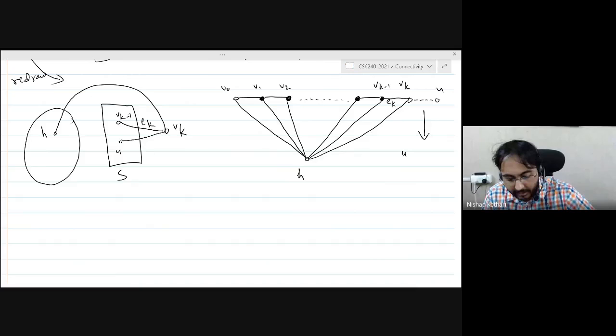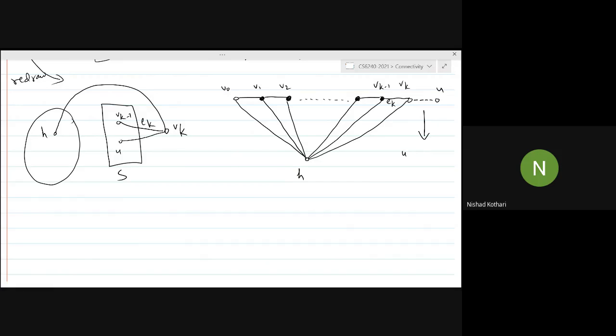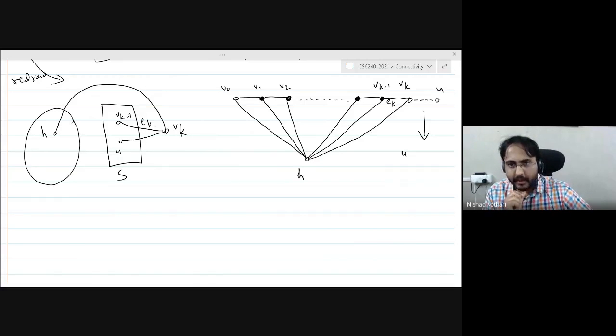Can someone tell me, can U be any of the vertices from V1 to Vk minus 1? No, because V1 to Vk minus 1 are cubic vertices. They are degree 3 vertices. Their neighbors have all been discovered. So U cannot be one of them, because Vk cannot be adjacent to any of those vertices except for Vk minus 1, which is already adjacent to Vk, right?